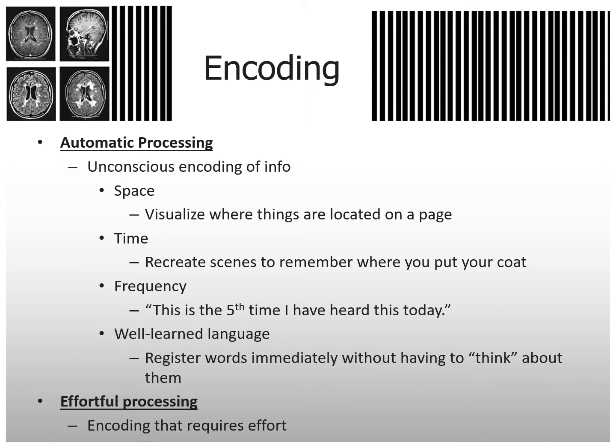And then well-learned language: you register words immediately without having to think about them. Your first language, or it could be multiple languages, but for most people, it's their first learned language, happens automatically. You don't have to think about the words. If you learn a second language afterwards, especially the older you get, then you have to think about what those words actually mean.